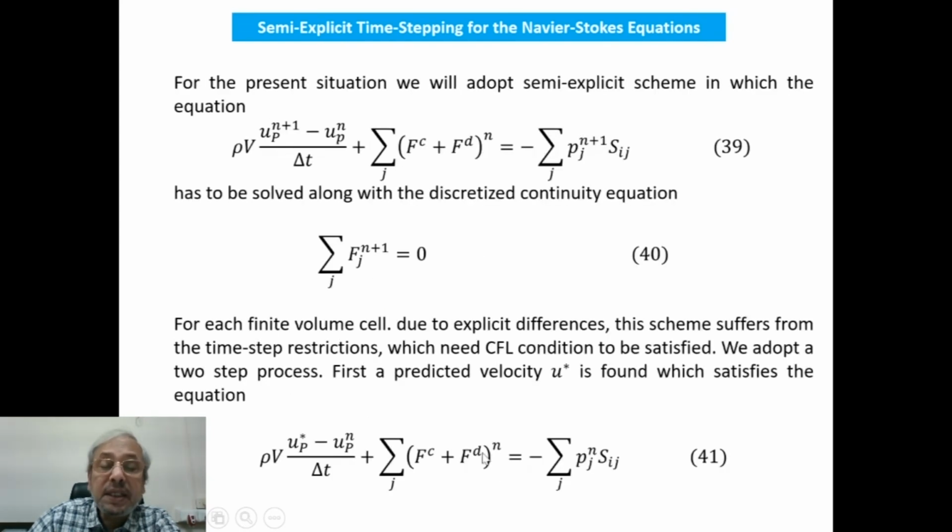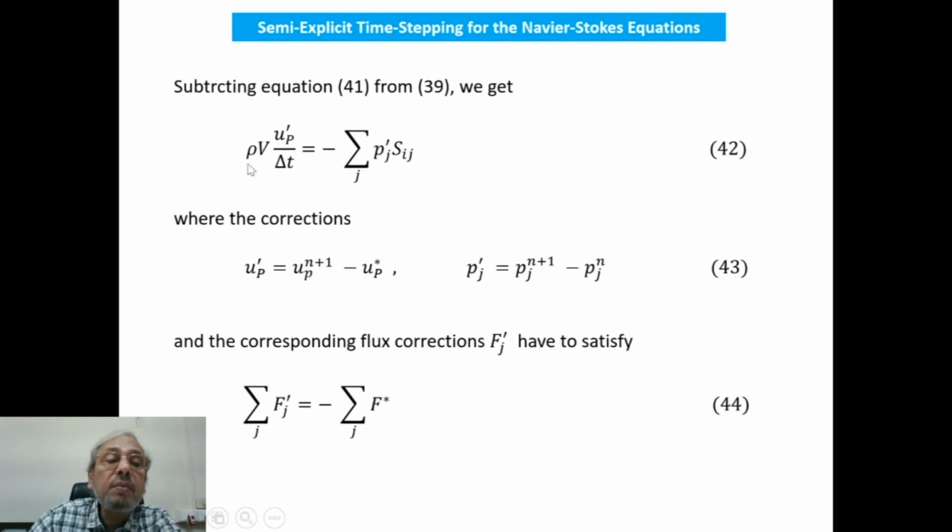So this is basically the equation that we are using to calculate provisionally advanced velocity quantities. And the difference between these two equations, we can write in symbolic form.